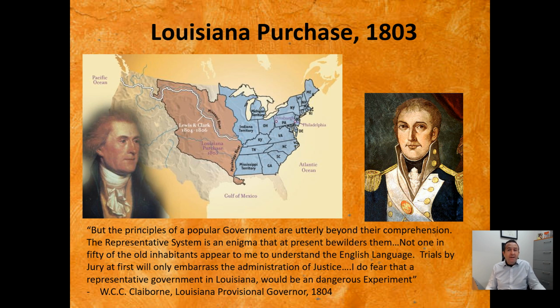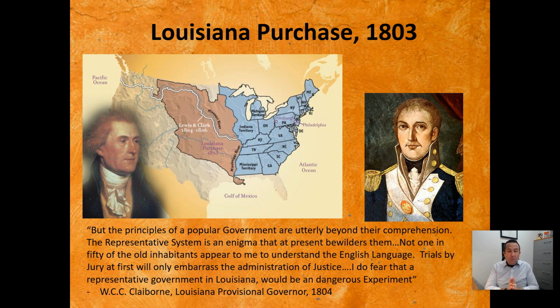And Claiborne very explicitly says these French people are not good U.S. citizens, saying, quote, "The principles of our government are utterly beyond their comprehension. The representative system is an enigma that at present bewilders them. Not 1 in 50 of the old inhabitants appear to me to understand the English language."